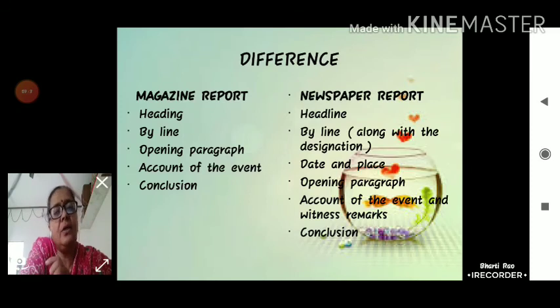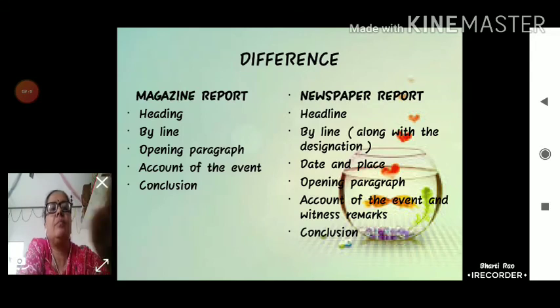Heading is something different. The headline is the headline of the newspaper, and then the report down. So then the byline and date and place, and then you write your opening paragraph, account of the event with your witness remarks, and then comes your conclusion.